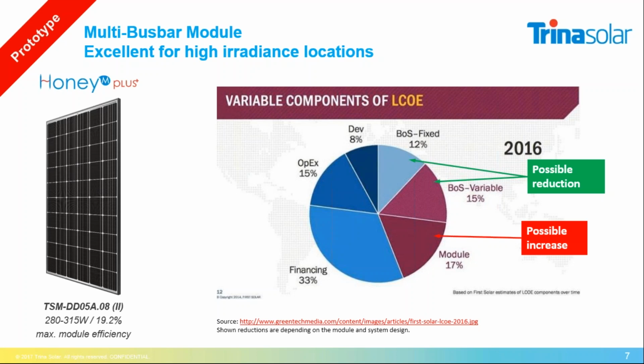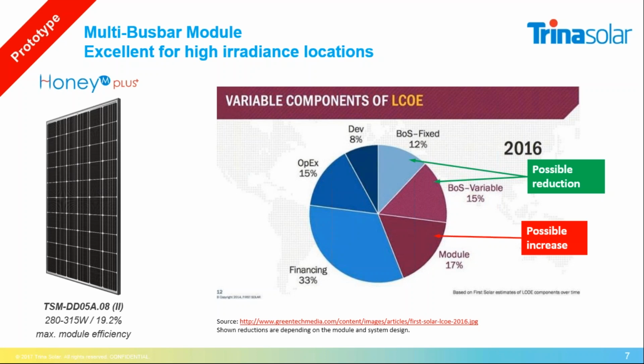That means for the highest benefit, beside the efficiency, especially for locations with high direct irradiation, according to our development, we expect a power increase from 5 to 10 watt depending on the module. You can see it here with the power range. With the standard one with 5 bus bars, we're going up to 305, and with the multi-bus bar with the 12, it's up to 315, so 10 watts more.